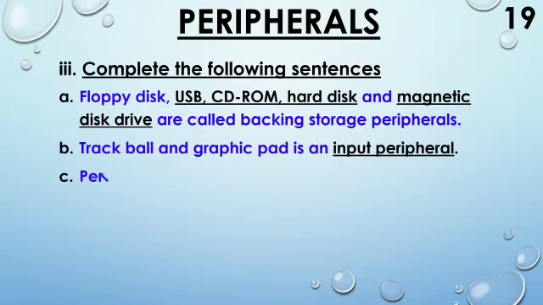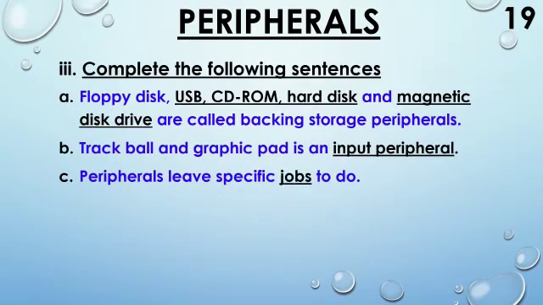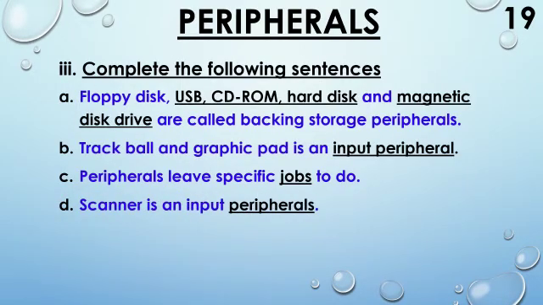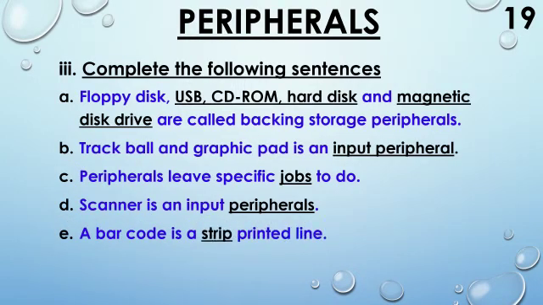C. Peripherals have a specific dash to do. Answer is jobs. D. Scanner is an input dash peripheral. Answer is peripherals. E. A barcode is a dash printed line. The answer is strip.